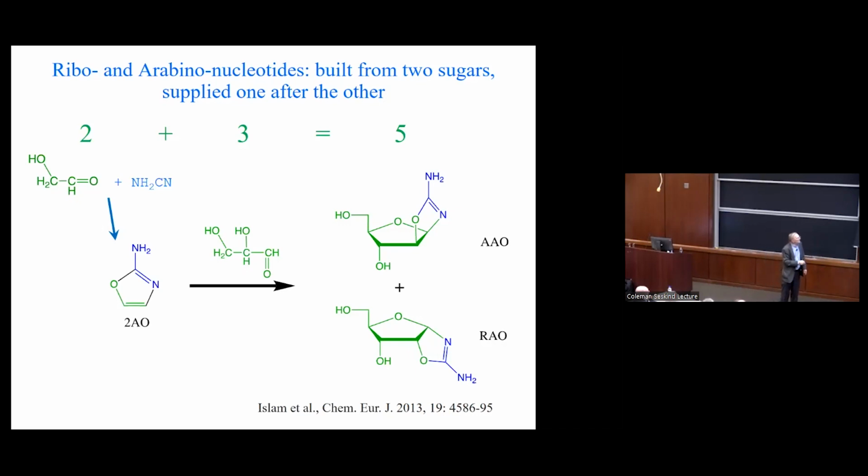It turns out that this intermediate crystallizes very beautifully. You get these incredible crystals of it. But the question is, do you actually want to use crystallization as a way of purifying an intermediate? That actually is a pretty nice idea.